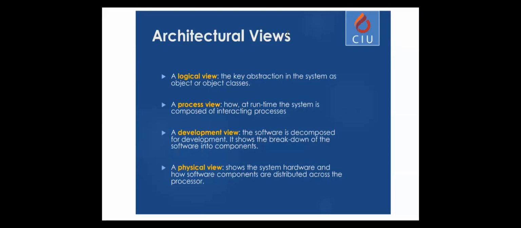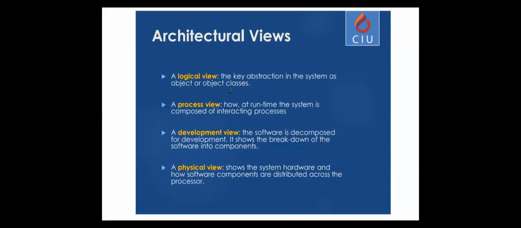The development view is where the software is decomposed for development. It shows now the breakdown of the components, what we did in the DFD part. You know that I had a guest system, a membership system, an admin panel. So by drawing the diagram, I can break down into different components. So that provides the development view. And the physical view shows the hardware and software requirements.